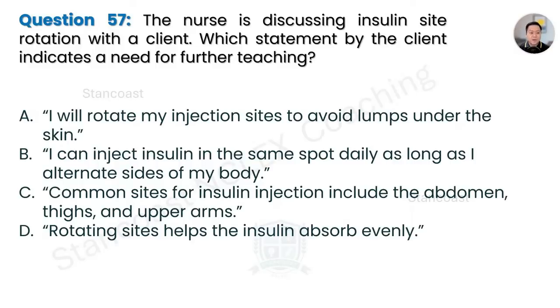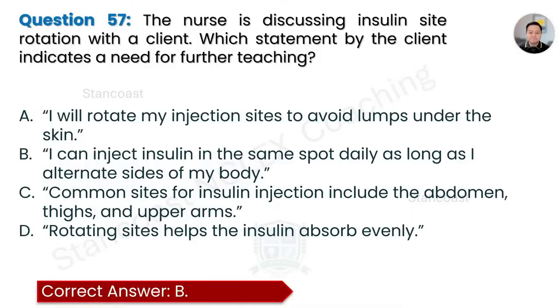Again, look for that statement that indicates a need for further teaching. That is option B. This is an incorrect statement. Injection of the insulin at the same spot repeatedly can cause lipodystrophy, and it will lead to uneven insulin absorption.